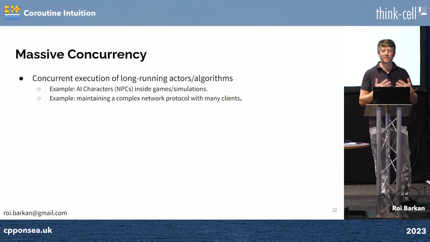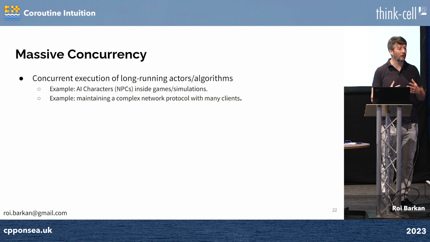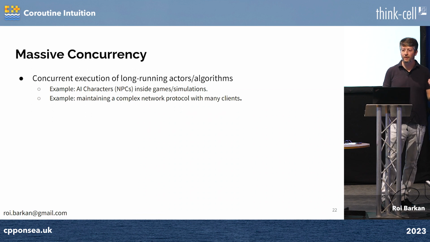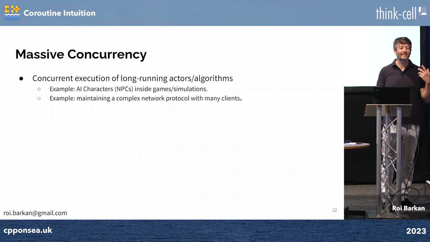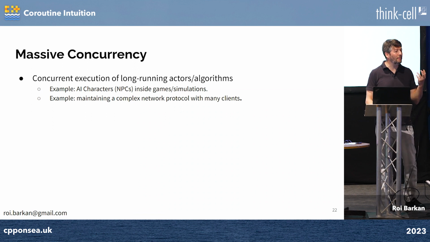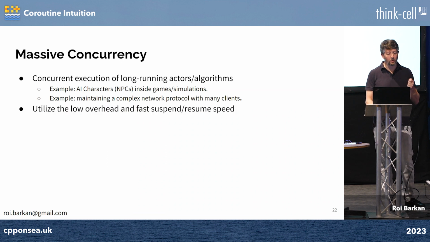But when you have massive concurrency, you know that the extra cost of a thread is sometimes large, the extra cost of a stack is sometimes large, and coroutines are sometimes cheap enough to make it meaningful and performant. So we're utilizing the low overhead of the stackless suspend-resume operation in order to enable massive concurrency that's not possible with other mechanisms.